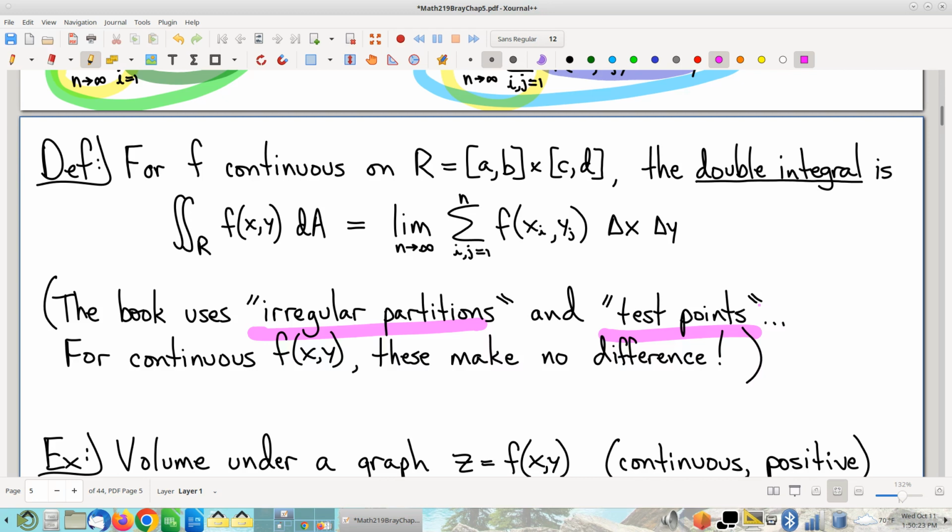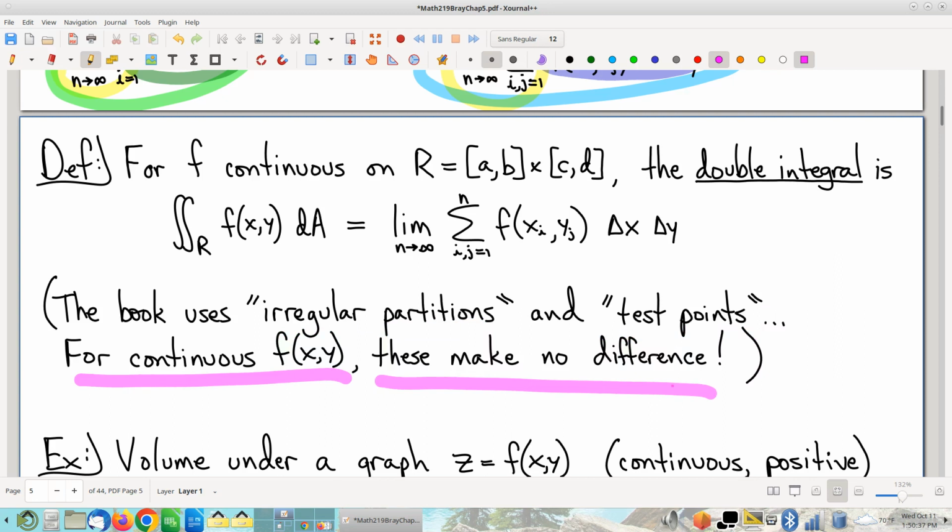Now, if this were Math 431 or Math 531, we would absolutely worry about this stuff. And it absolutely makes a difference. But it only makes a difference if the functions aren't continuous. As long as they're continuous, it really doesn't matter for computational purposes. Anyway, there's a whole discussion that we just don't need to worry about. Okay, so y'all can ignore all of this stuff in the book.